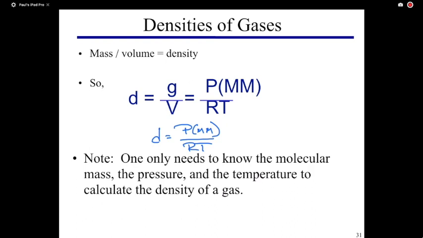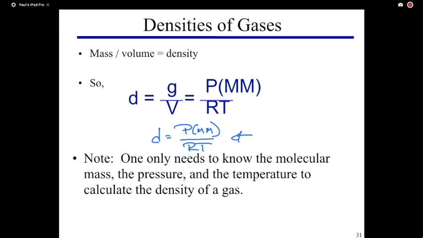I will ask you to solve for the density of a gas, and I will give you pressure, molar mass, and temperature. Looking at this equation, what else could you solve for that is new? If you just rearrange this a little bit.